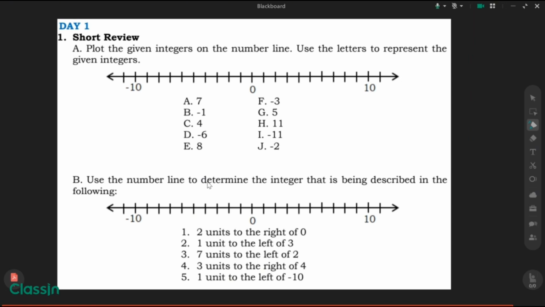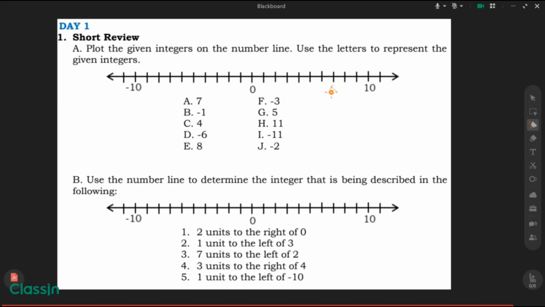So here we have a number line, and they're all letters to represent the given integer. So let's try to do it. Where is the letter A or the 7? 1, 2, 3, 4, 5, 6, 7.